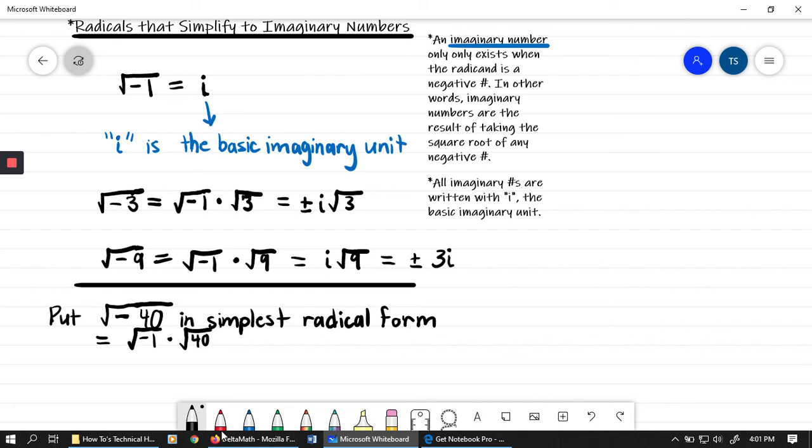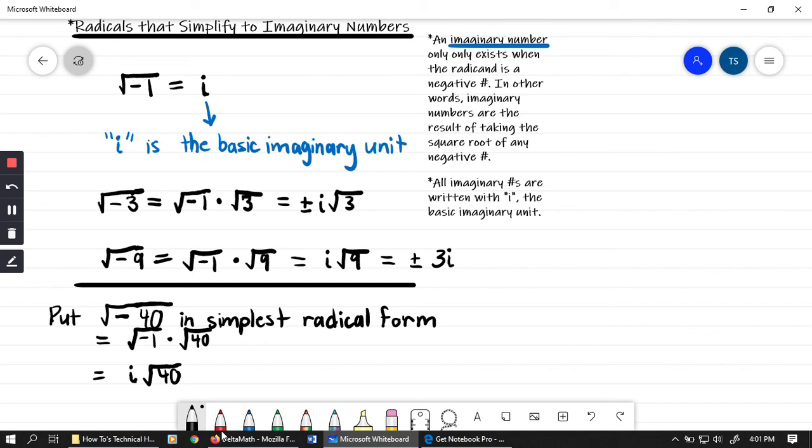The square root of negative 1 is I, and so that's I times the square root of 40. However, the square root of 40 can be simplified.